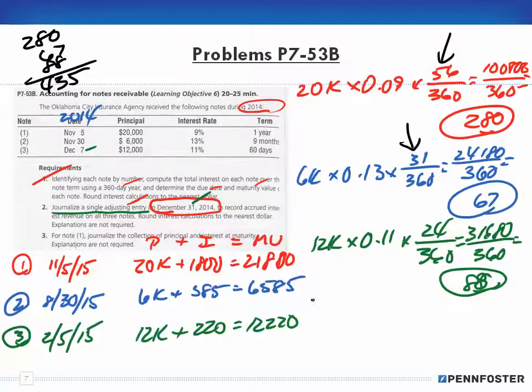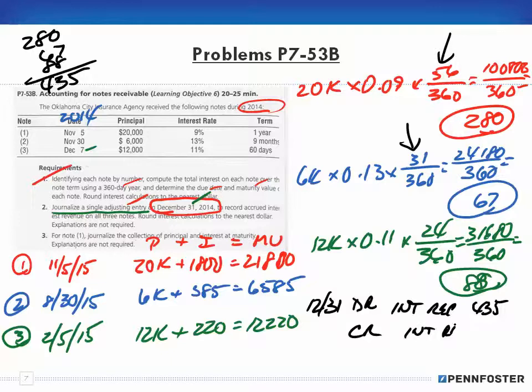So my 12/31 journal entry would be a debit to interest receivable for $435 and a credit to interest revenue for $435. Okay, so that would be my journal entry.